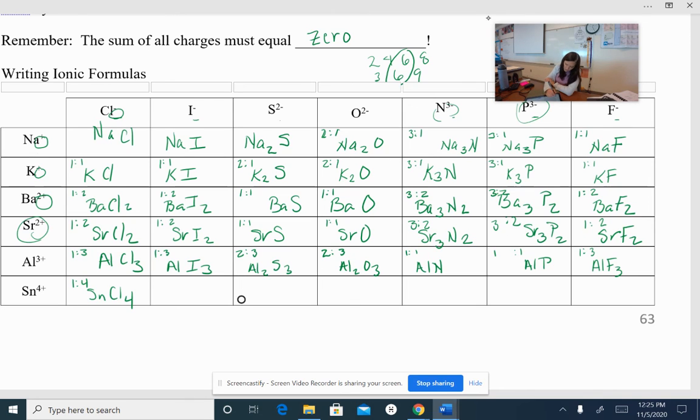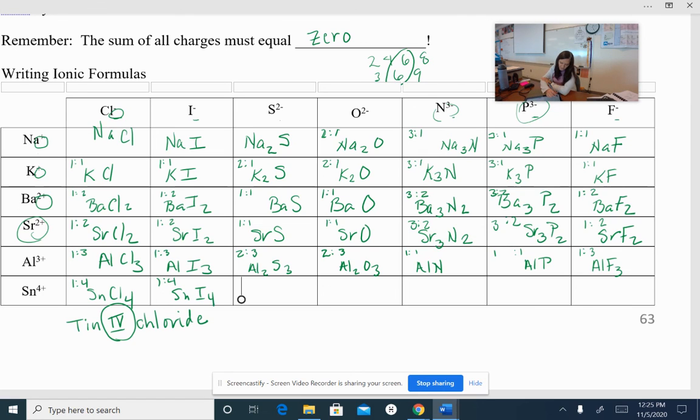We'll get into the Roman numeral later, and why we put a Roman numeral in. All right, +4, -1. So same ratio, 1 to 4. So 1 tin and 4 iodides.